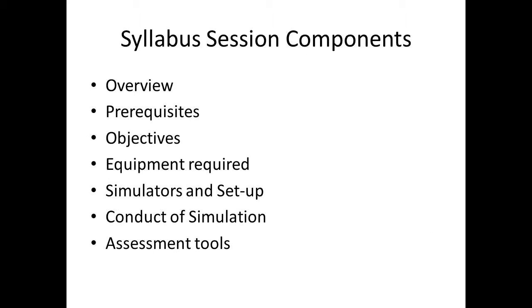The syllabus for each one of the sessions includes an overview for that session, the prerequisites, the objectives of the session, the equipment required, how to set up and use the simulator, how to conduct the simulation with a step-by-step approach, and also the assessment tools that are particular to that session.